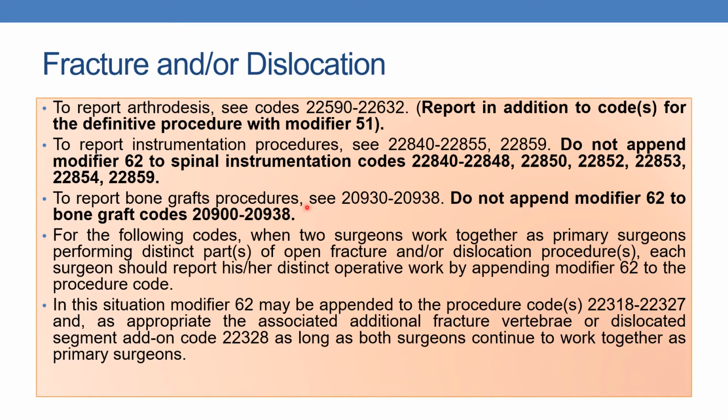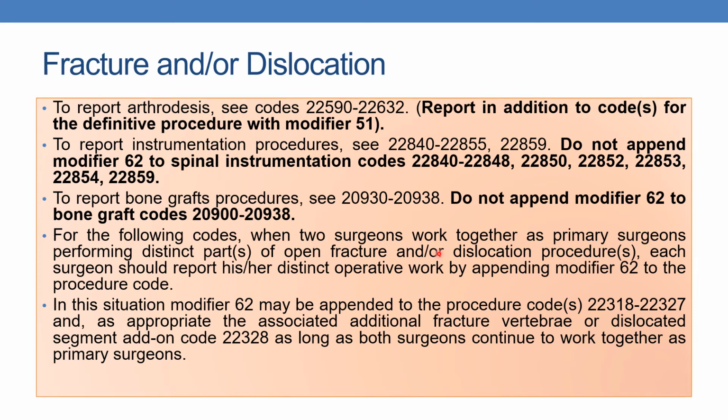And to report bone grafts, you need to refer to 20930 to 20938. Here also you should not append modifier 62 for bone graft codes. So in fracture or dislocation treatment, whenever spinal instrumentation or bone graft procedures are done, in these cases you should not append modifier 62.